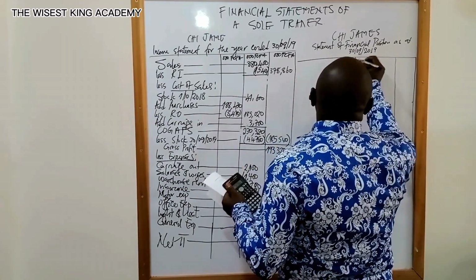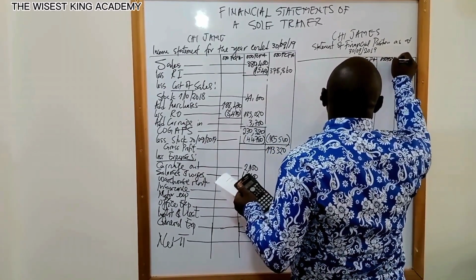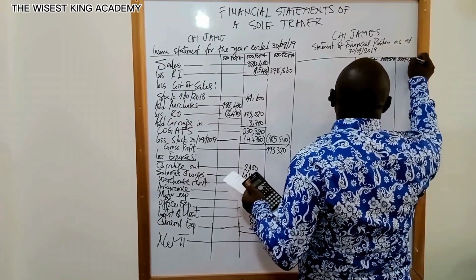My statement of financial position, I'll equally have three columns: 000 plus CFA, 000 plus CFA.